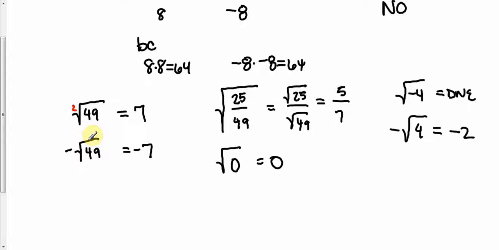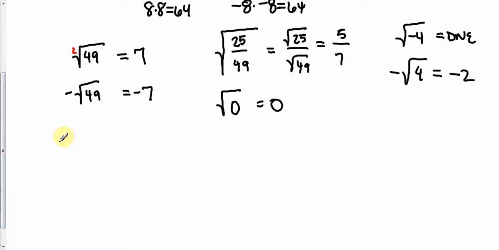You can also take square roots of decimals. You'll want to utilize your calculator on some of these things if you're having any trouble at all. Don't be afraid to use your calculator. So what number times itself is 0.25? 0.5. And you can write 0.5 if you want to.